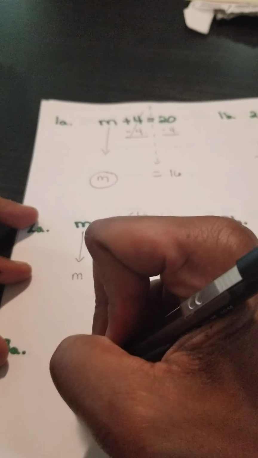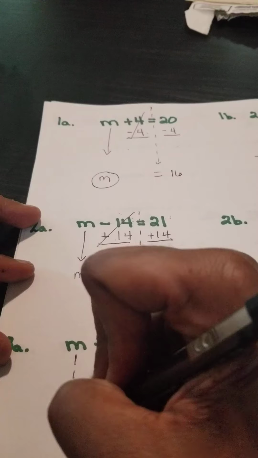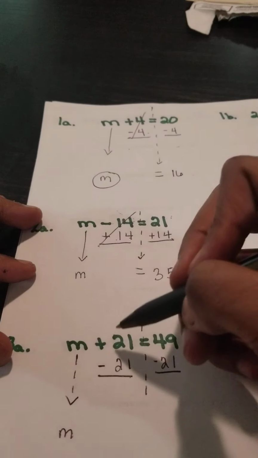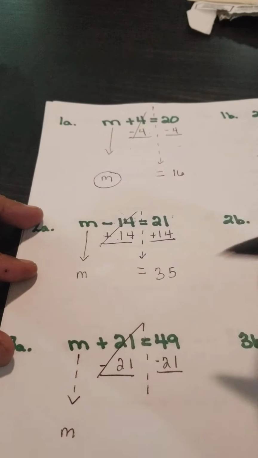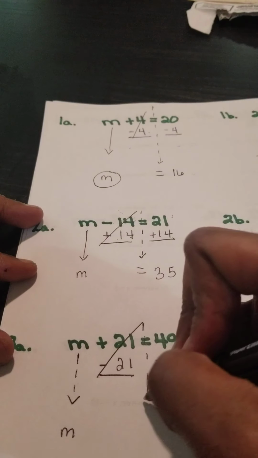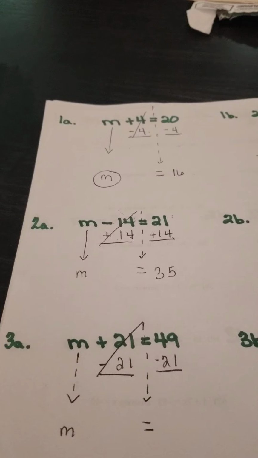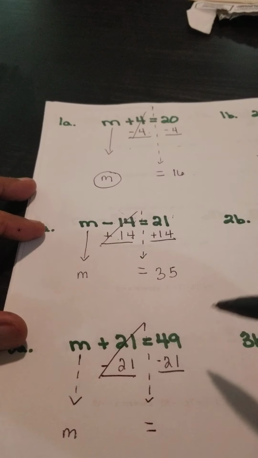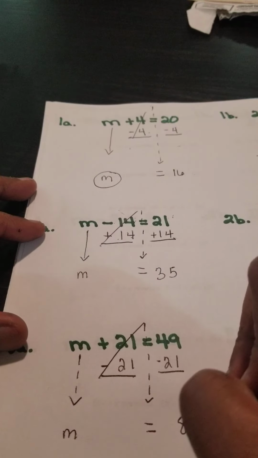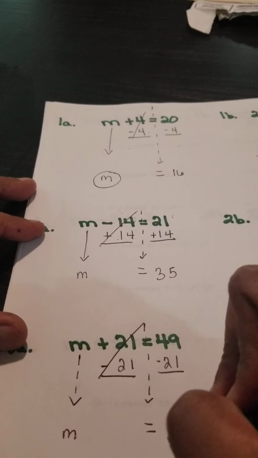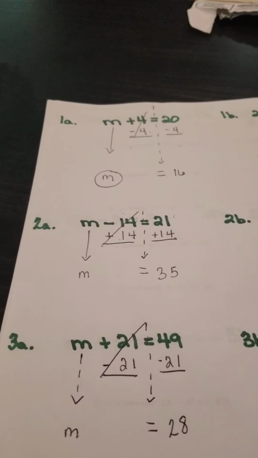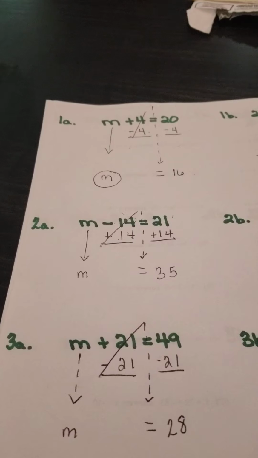I bring down my m. 21 minus 21, get rid of that. I bring down my equal sign. And then I have 49 minus 21, which will give me 9 minus 1 is 8. And 4 minus 2 is 2. Okay, there we go. That is one step.